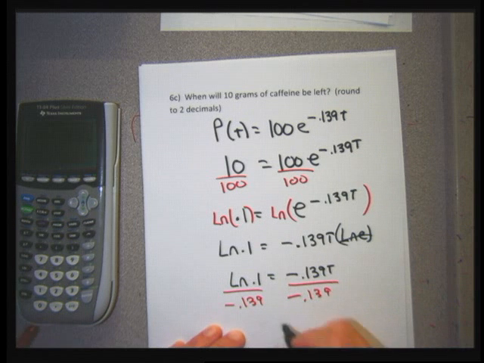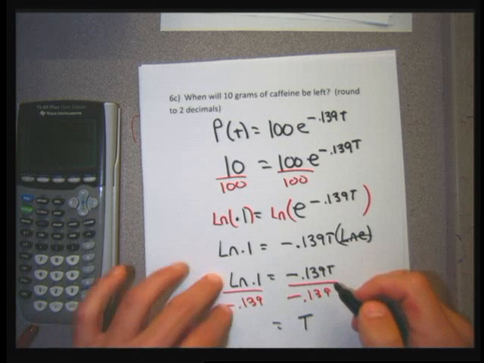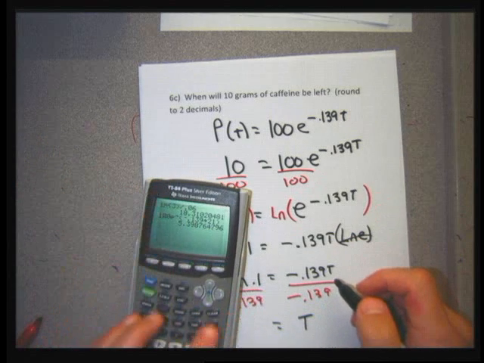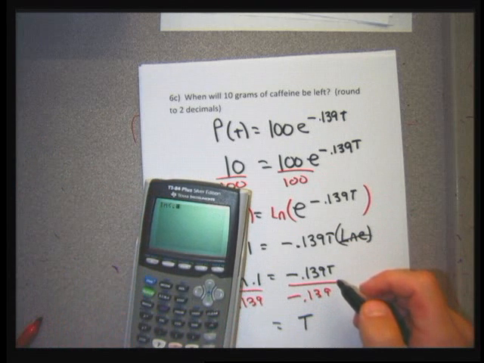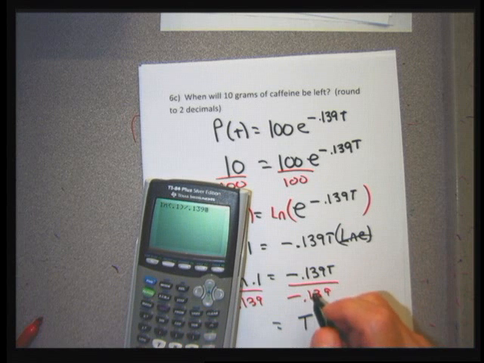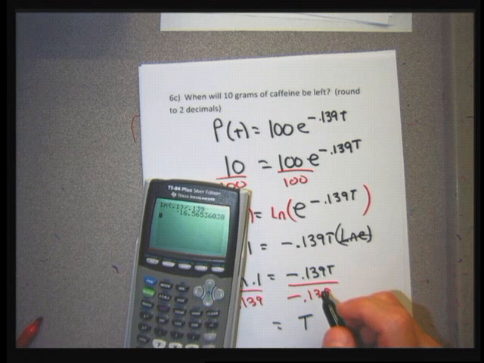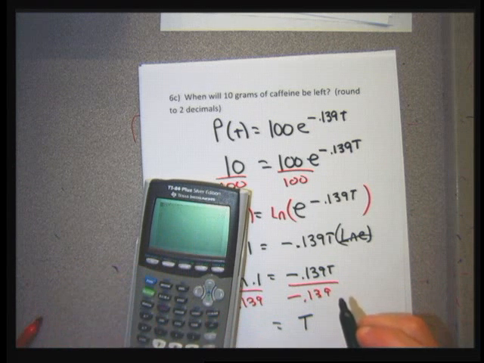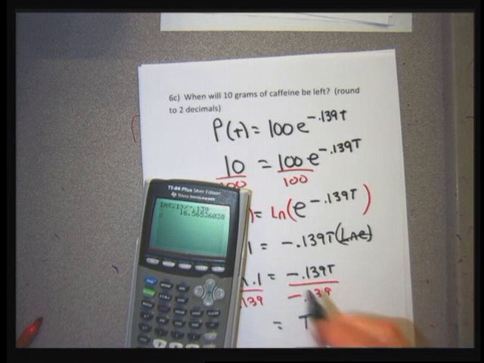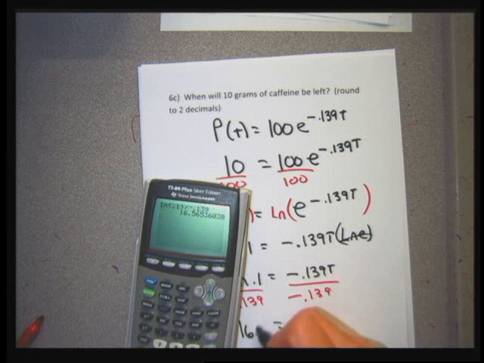When I do this, I get calculator time. I go the ln of 0.1 divided by 0.139, and I wanted to round to 2 decimals. Oh, I forgot the negative. I go ln of 0.1 divided by negative 0.139, and I get 16.5.